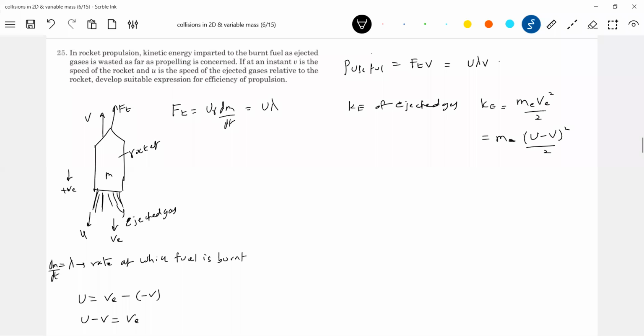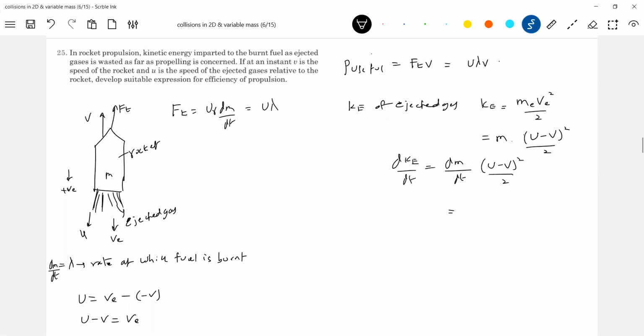Now this particular gas, ejected gas, will have a mass. Am I right, all of you? So now is it continuously ejected? So the rate at which the kinetic energy of the gas varies here, if I differentiate, dme by dt, keep these terms as it is. So dme by dt or dm by dt.